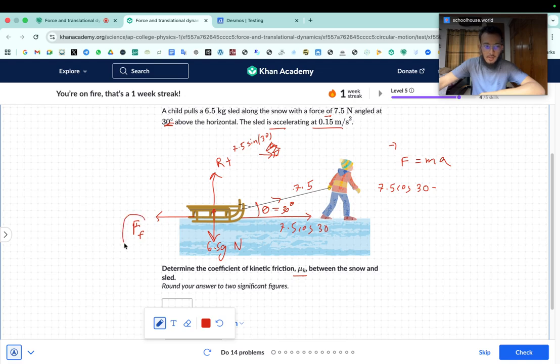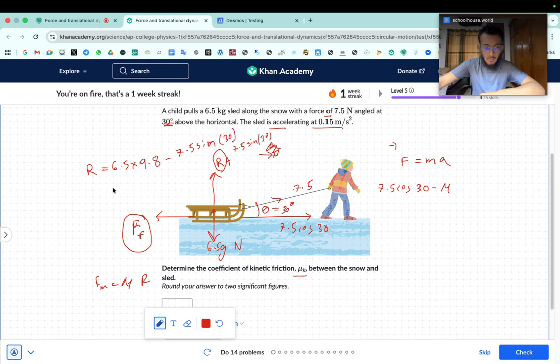Now this, because the object is moving, we would have maximum friction, which equals F max equals mu times R. So mu is what we want to find. So this is mu. And what about the R? We can find R by R equals 6.5 times 9.8 minus 7.5 sin 30.